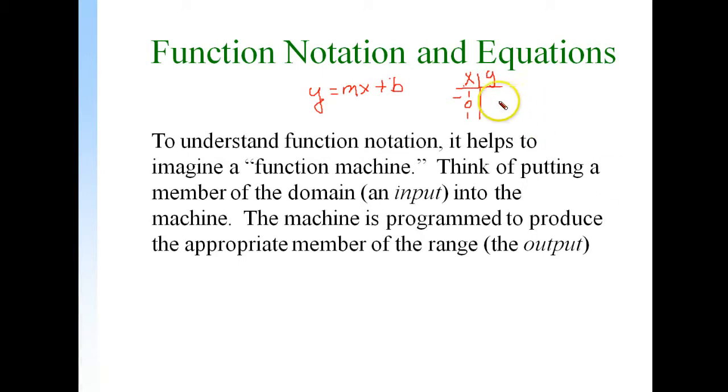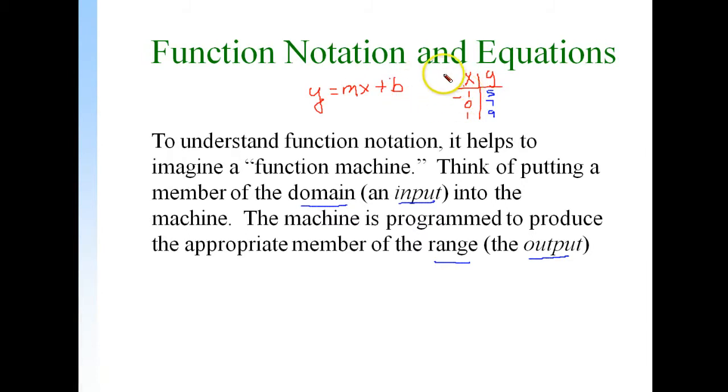There'll be something here, a 5, a 7, a 9, let's say. Whatever it is. So x is our input. That's our domain element. And y is our output, our range. So the value of y depends on what we put in as an x.